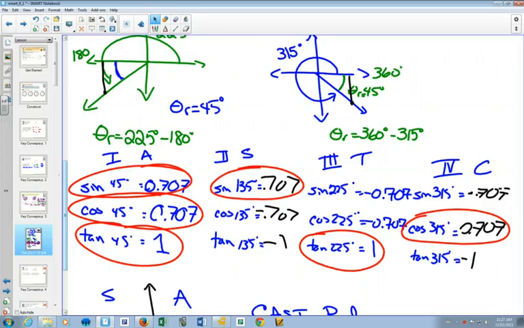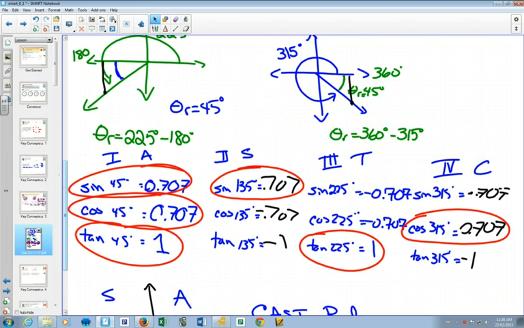So what we're often going to do with a question like, say, find sine of 495 degrees. You're going to figure out that the reference angle is 45 degrees. And because it's 45 degrees, you know that it's going to equal 0.707, either positive or negative. But then you're also going to figure out that 495 degrees ends in quadrant 2.